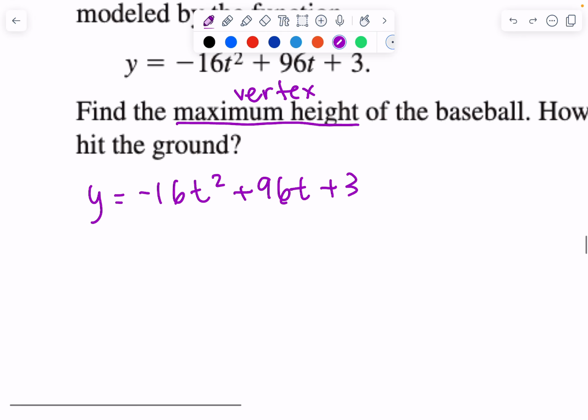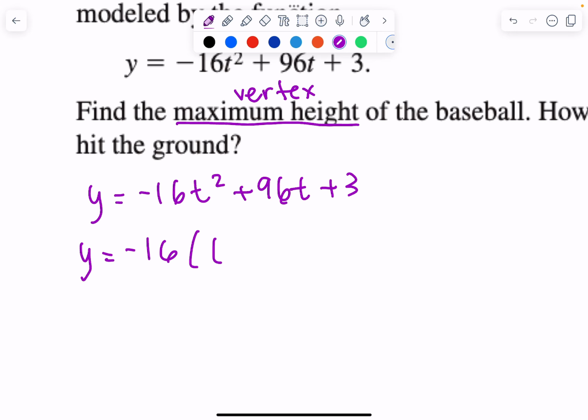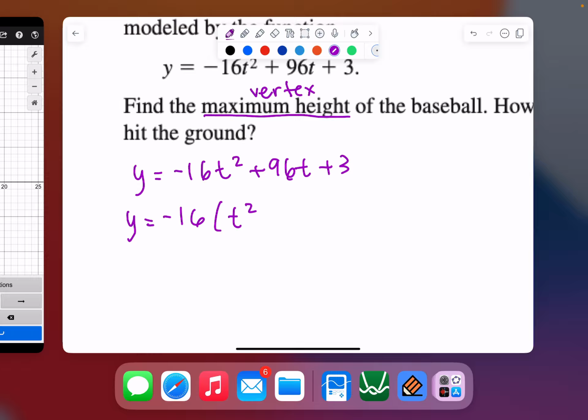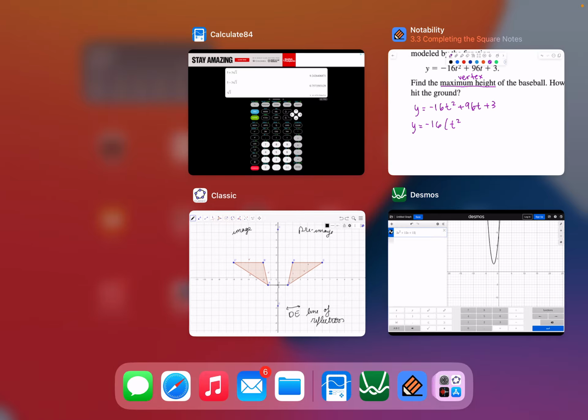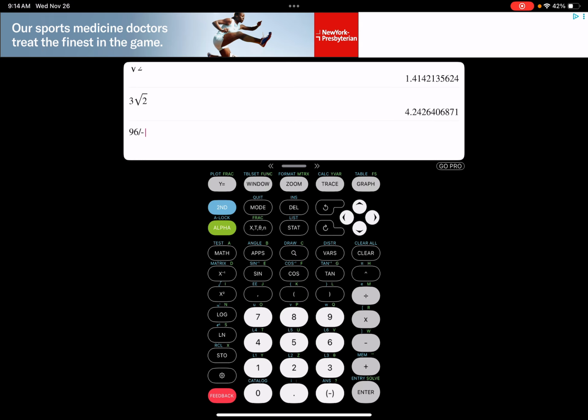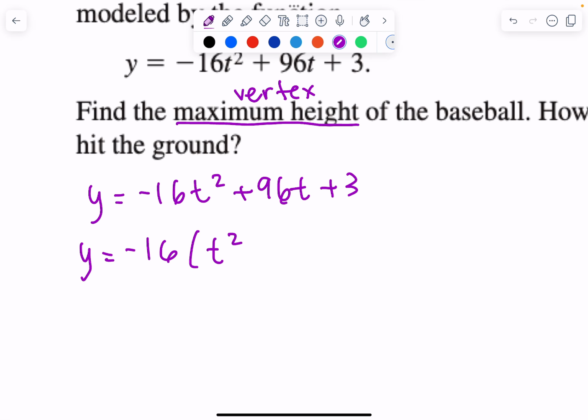So if I factor out a negative 16, what I'm left with in the parentheses is t squared. And then how many times does 16 go into 96? Let's find out. Oh, perfect. It goes into it evenly. It goes into it 6 times. So in the parentheses, I'll have minus 6t.